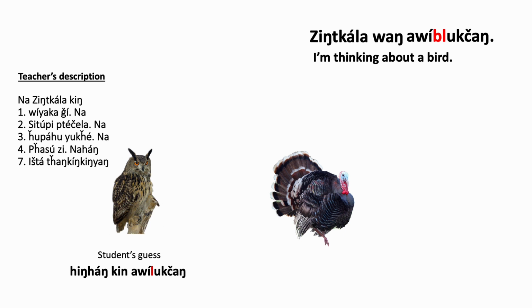So there's inanimate plural large things, and we're talking about its eyes, ishta trankinkia. For the lower kids, you can just say ishta tranka. Like it has big eyes, it has large eyes. So the students guess, heha, ki awilukcha. You're thinking about the owl.